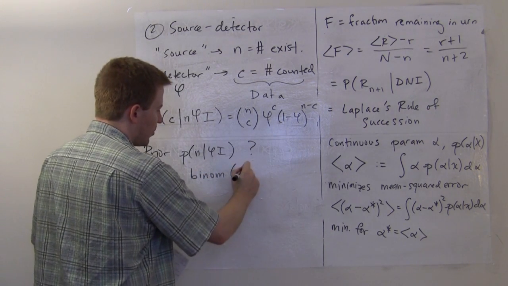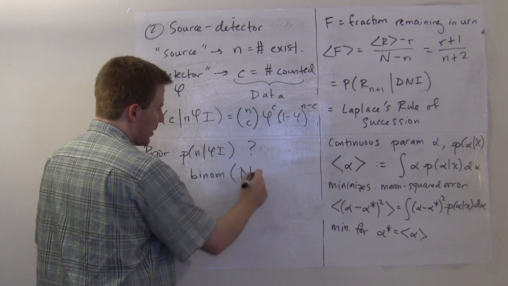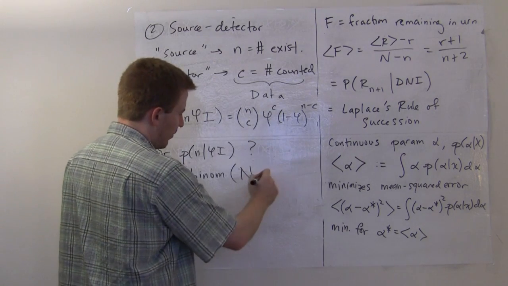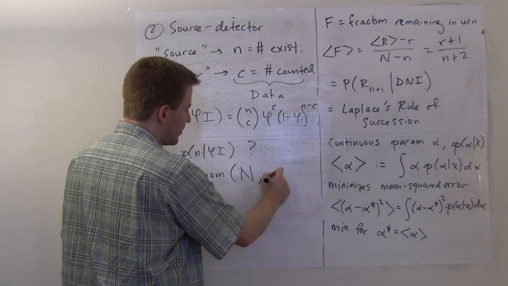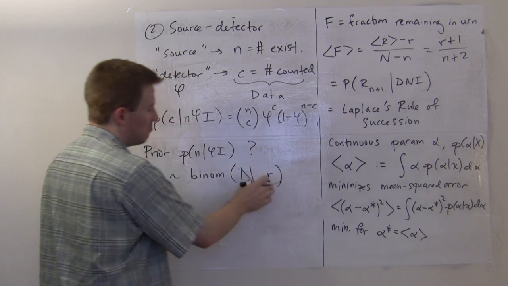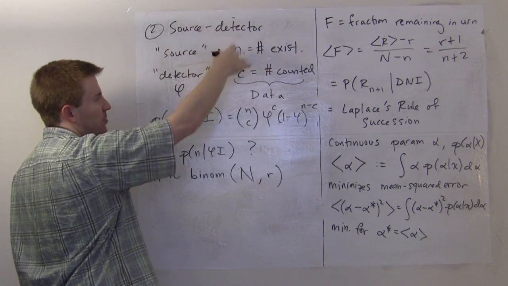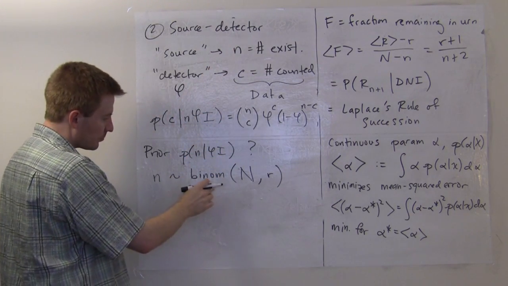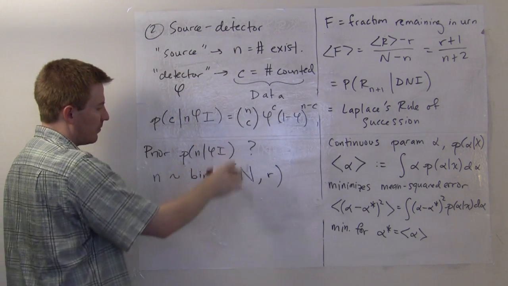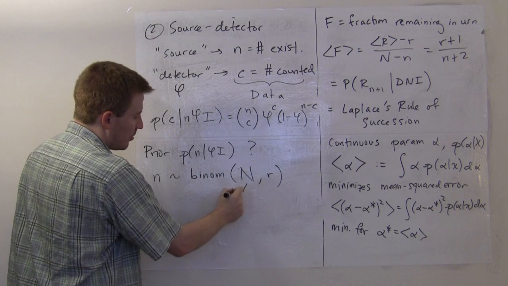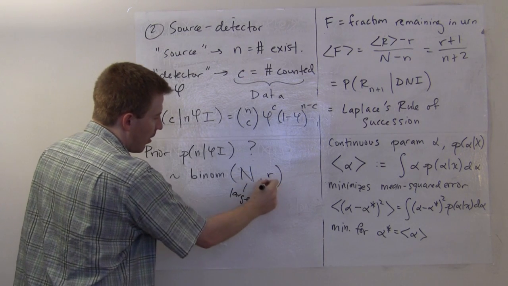So a binomial distribution with, let's say, capital N source objects of some kind, and each of them has some independent probability r of producing an entity, a person with a disease, or a radioactive particle from radioactive decay, where this number N is very large and this number r is very small.